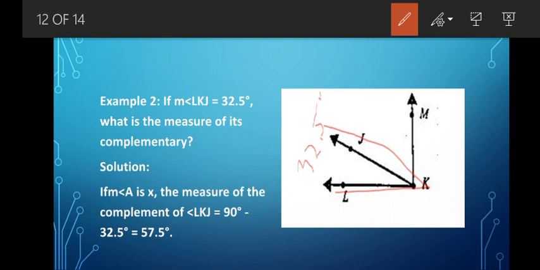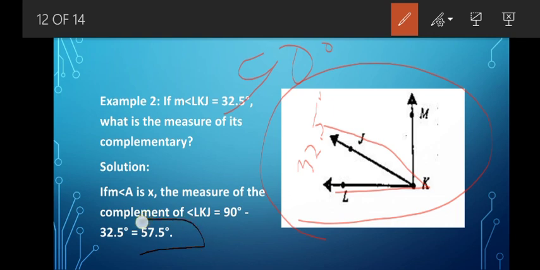So simply, paano ba ito, ano ang solution or what is the formula? Since the value of complementary angles is equal to 90 degrees, 90 degrees subtract 32.5 degrees, magiging 57.5 degrees.